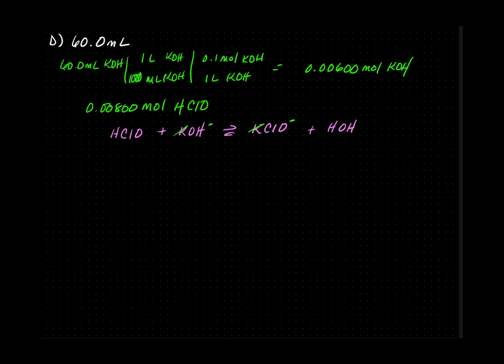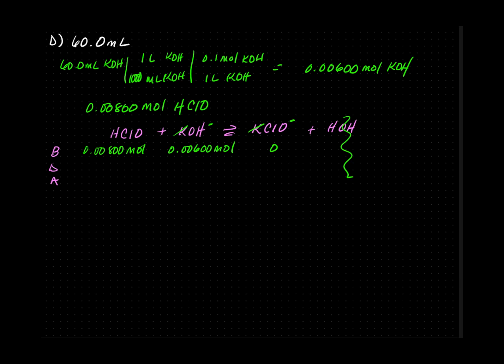So now we start our before-after table. So before, change, and after. The number of moles of the acid is 0.00800 mole. The potassium hydroxide we calculate as 0.00600 moles. We have no ClO minus, and the water doesn't count because this is in the liquid state.